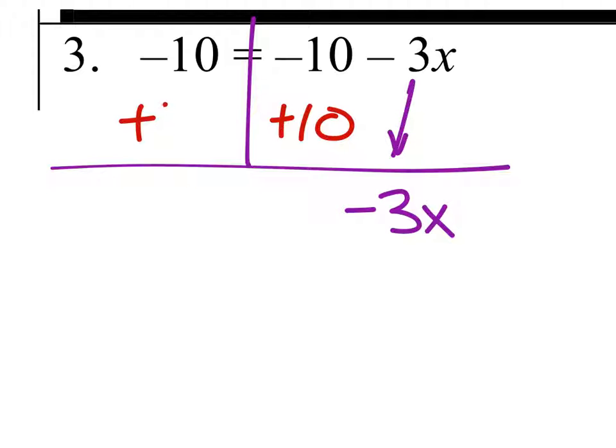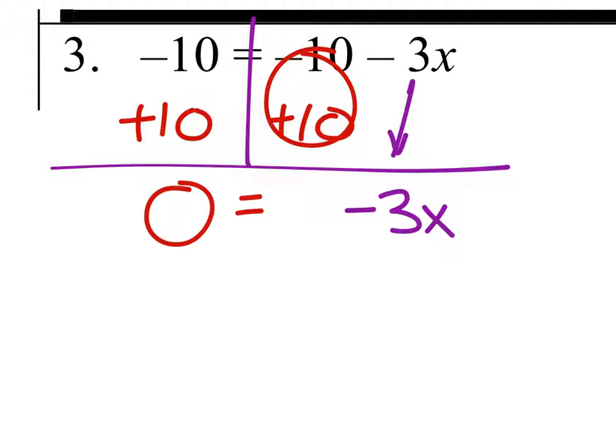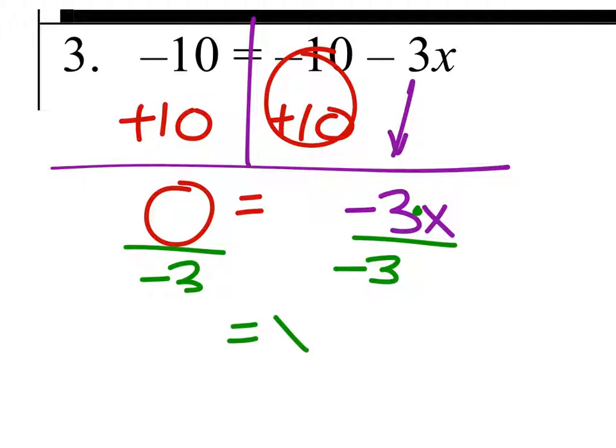But if I do it to one side, I should do it to the other side. So this zeroes out, but negative 10 plus 10 over here also equals 0. Well, this is multiplication. So to undo that multiplication, we'll divide both sides by negative 3. And we see that x equals 0 divided by negative 3, bam, 0.